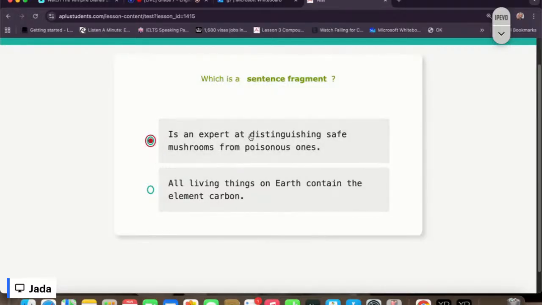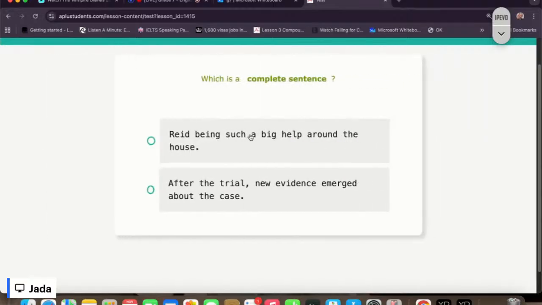"Is an expert at distinguishing safe motions." So which is the complete sentence, first or second?